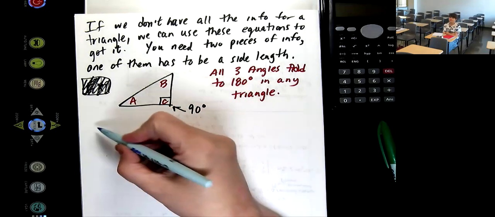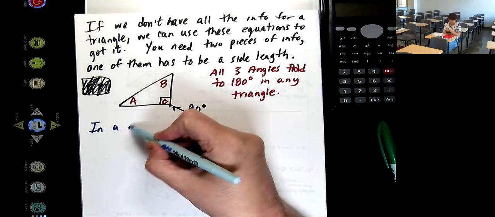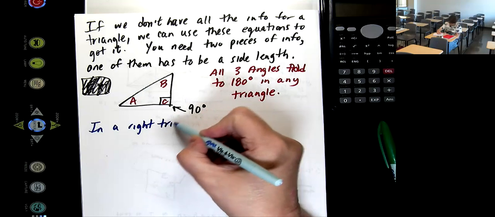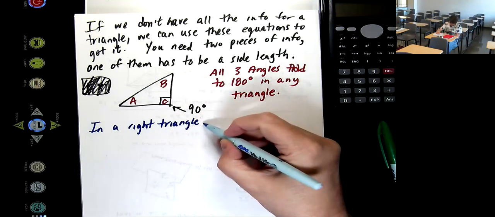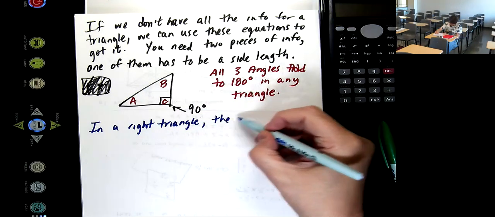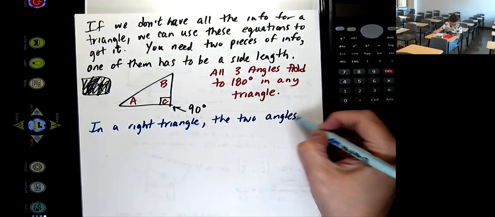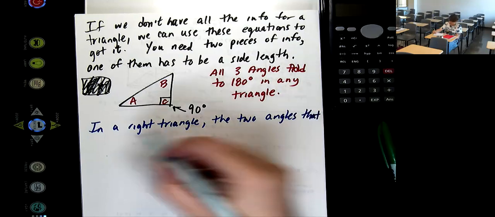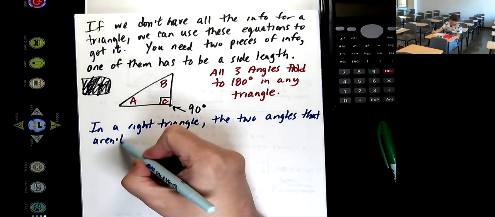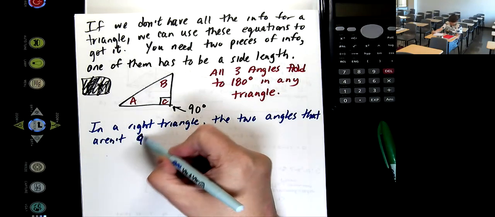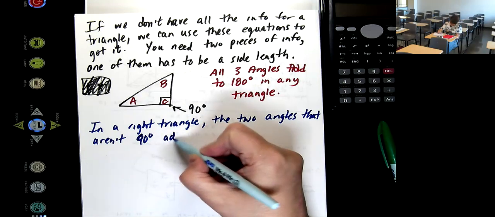Which means in a right triangle, the 2 angles that aren't 90 degrees add up to 90.